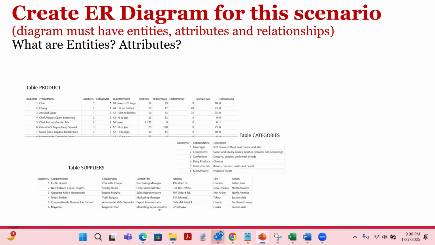Okay, and now you are ready to draw the diagram. You know your entities, which would be product, categories, and suppliers. You know the attributes, which would be columns in the tables. You know whether it's a one-to-many relationship, after answering the questions, can one product belong to multiple categories and so forth. You also know if the relationship is optional or mandatory, again, based on the analysis of primary keys and foreign keys.